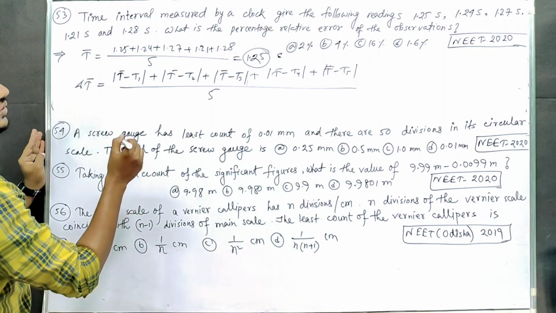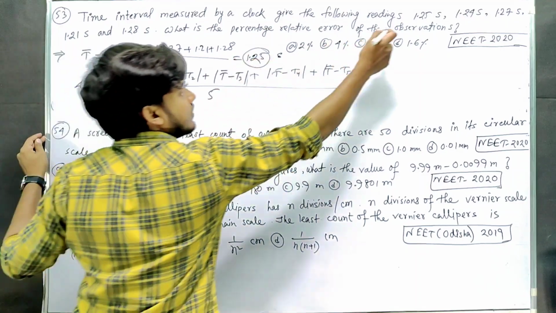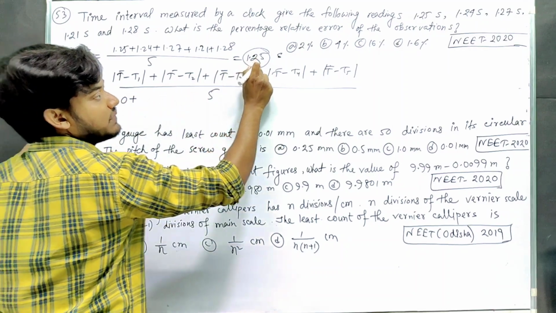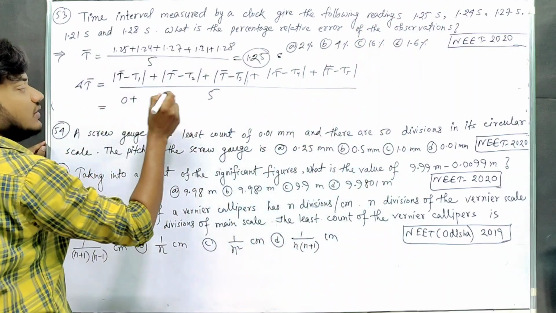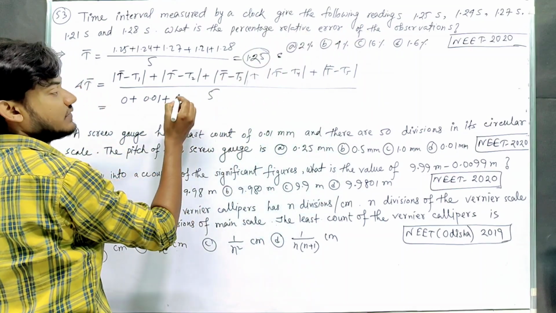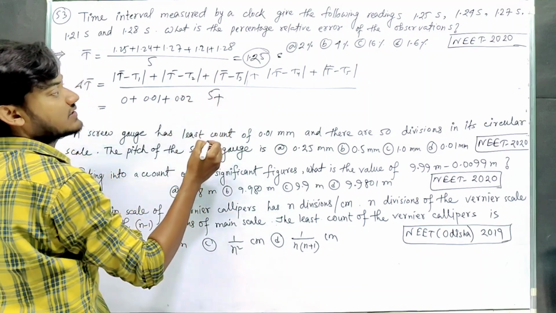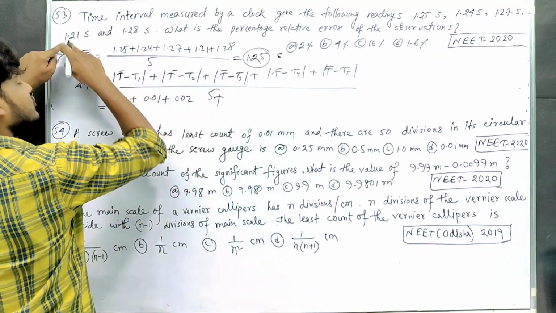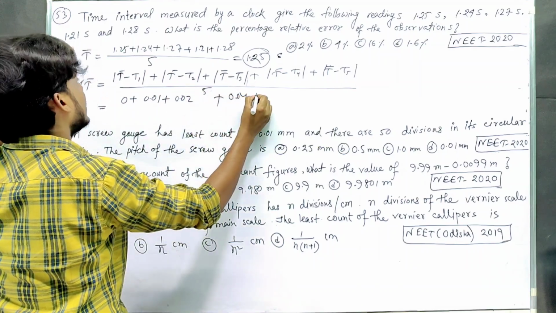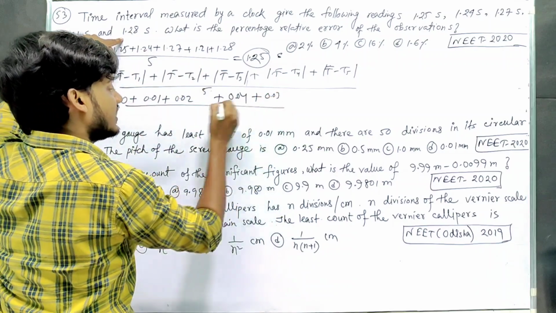T dash means 1.25. So 1.25 minus 1.25 equals 0, plus 1.25 minus 1.24 is 0.01, plus 1.25 minus 1.27 is minus 0.02, but mod, so 0.02 only, plus 1.25 minus 1.21 is 0.04, plus 1.25 minus 1.28 is 0.03, divided by 5.